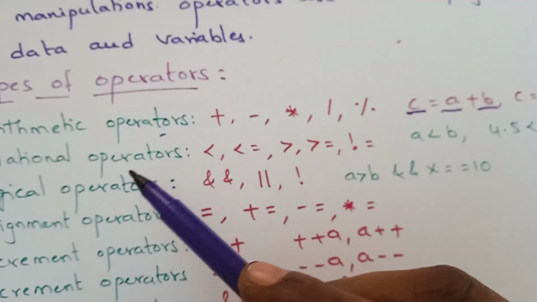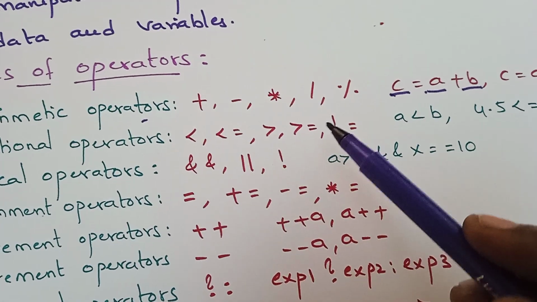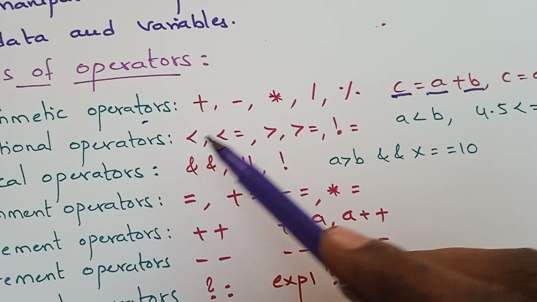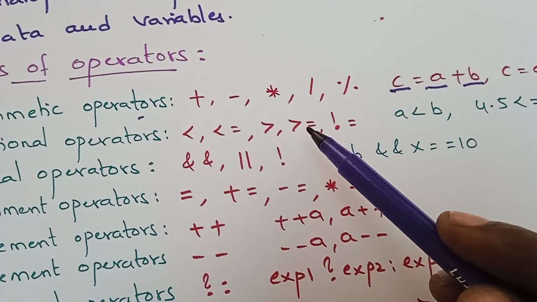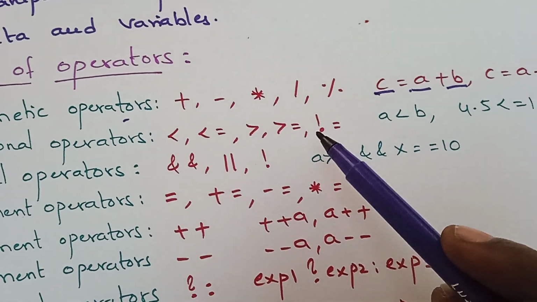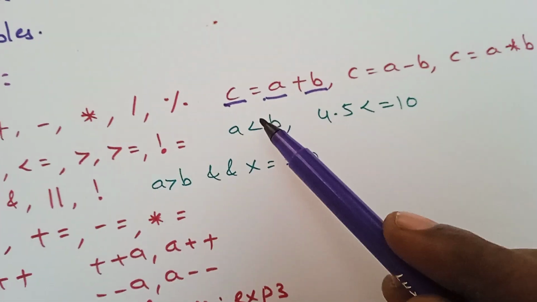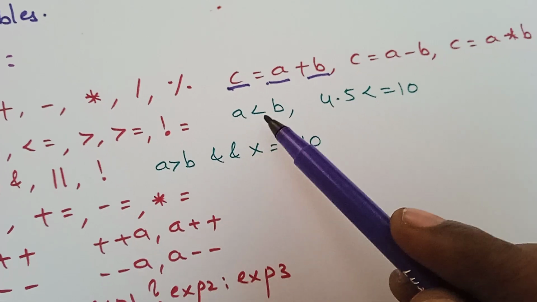And relational operators. These are the symbols: less than, less than or equal to, greater than, greater than or equal to, equal to, not equal to. And the usage of these operators is like this. We'll use the relational operators in between two operands.